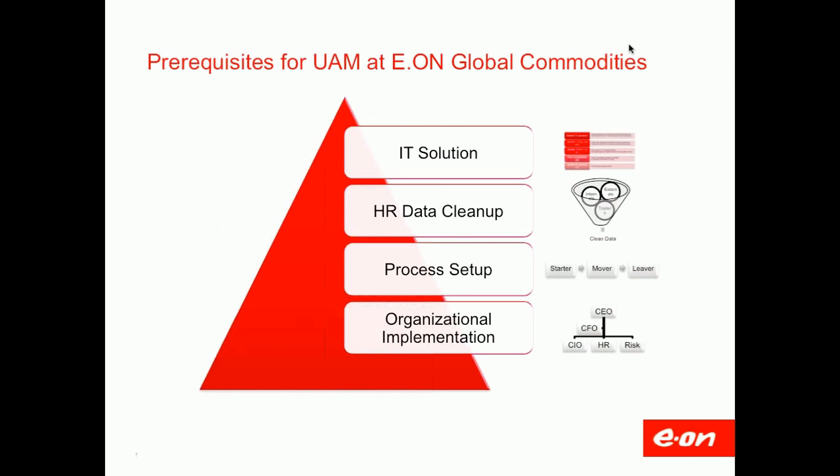Now, E.ON has one central repository database for HR identity management, and we have chosen this central repository to be the single source of truth for what we were going to be using for our user access management. But for that, we had to make both the repository, but also the HR processes filling the repository, a true and fair single source of truth.